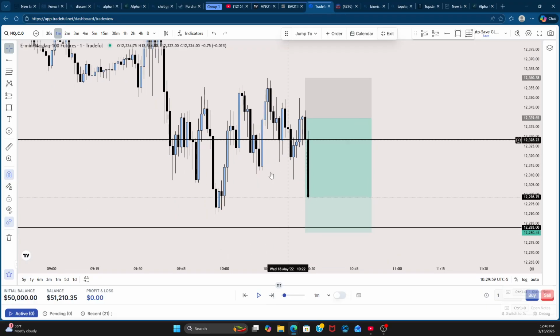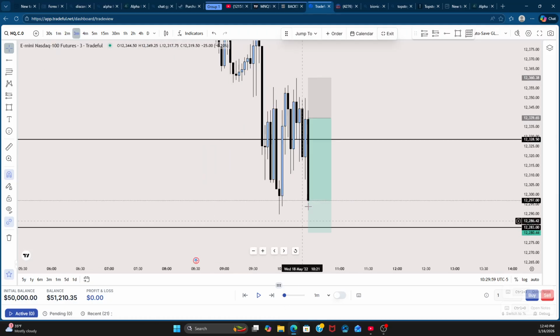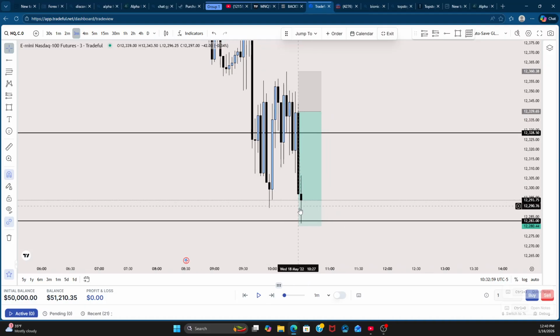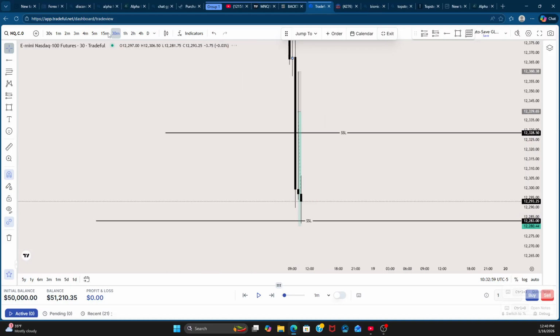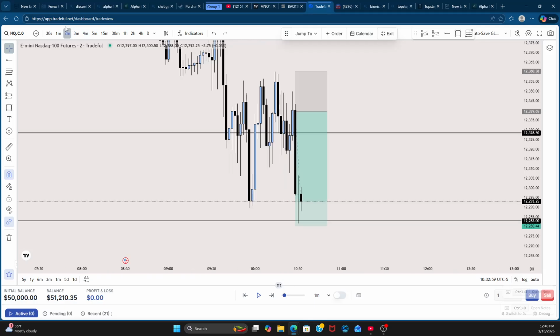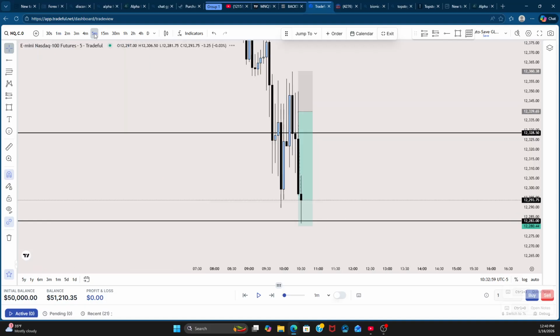Oh, fuck! There's not even an inversion, bro. It said, fuck your entry. We're gonna sweep that out. Are we for real? We just left low resistance resting here. Are we for real, bro?